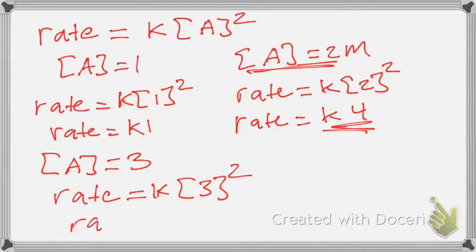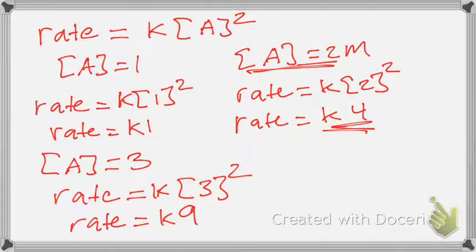Well, the rate would simply be 9 times the value of K. So our rate of the reaction should go up 9 times as fast when we triple the concentration. So you can see that the order of the reaction has a significant impact when we change the concentration of the reactants. It will impact the rate of the reaction quite a bit.